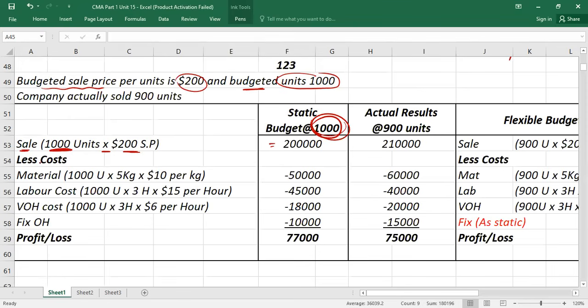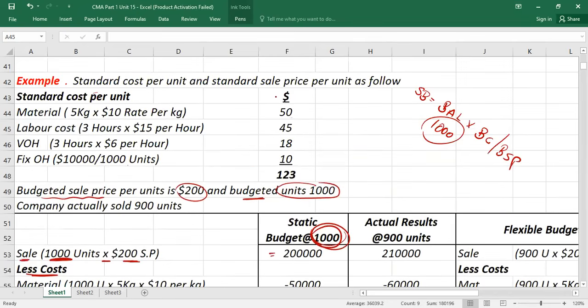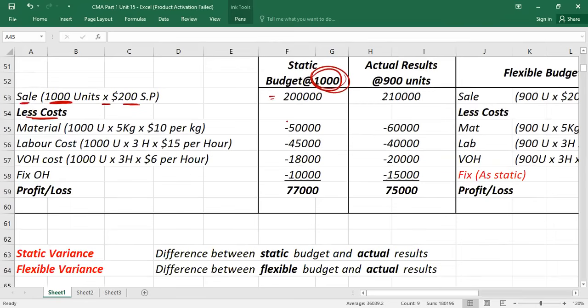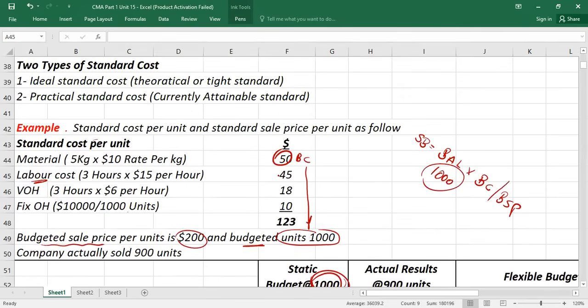Then you want to get the cost, and we have different costs: cost of material, cost of labor, cost of variable overhead, cost of fixed overhead. To calculate material cost, I take the budgeted cost and multiply with the budgeted activity level. So 1,000 times 50 gives a material cost of 50,000. For labor cost, I take the budgeted labor cost and multiply with the budgeted units, 1,000.